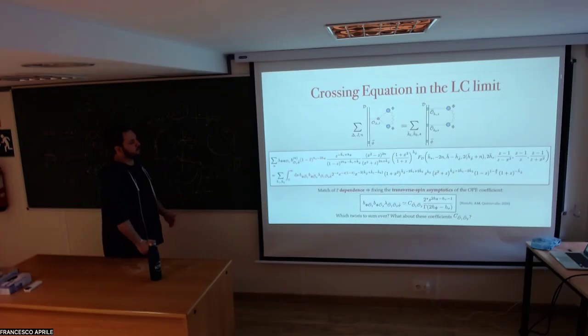So the only thing we need to fix to solve the crossing equation, to bootstrap completely our theory, is to compute this coefficient and also understand what is the spectrum of the operators exchanged in the channel. So in other words, what are the twists we need to sum over in this channel to reproduce the left-hand side of the crossing equation.